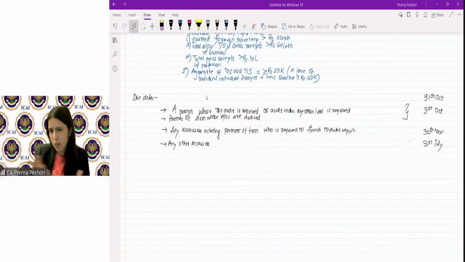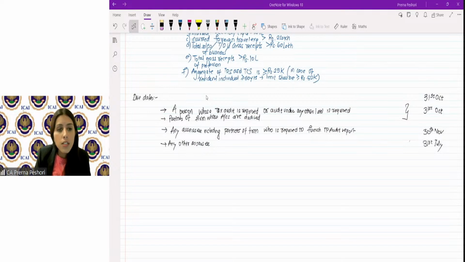Under partnership law, there is no requirement of audit. Under the LLP Act, you have the requirement to do the audit only when your total turnover exceeds 40 lakh. Let's say I'm a small partnership firm, and then you think that for them the due date was 31st October. But in actual, the due date is 31st July.